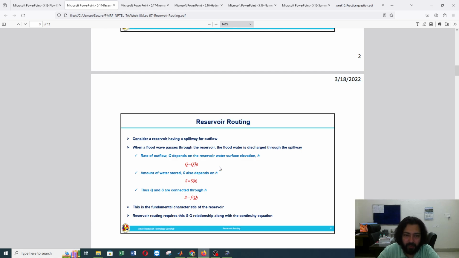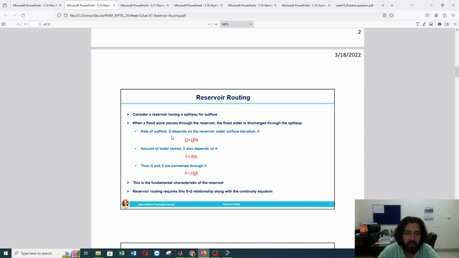What we are going to see is that when a flood wave passes through the reservoir, the flood water is discharged through the spillway. That is, the outflow is dependent on the water surface elevation; Q is a function of the head H of the reservoir. Also, the amount of stored water S depends on H, so the amount of water stored is also a function of water surface elevation.